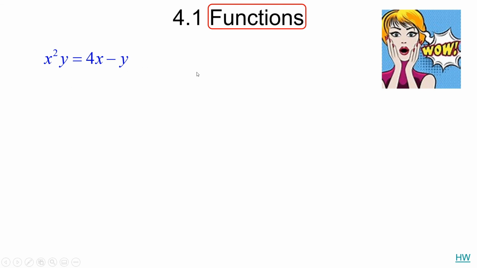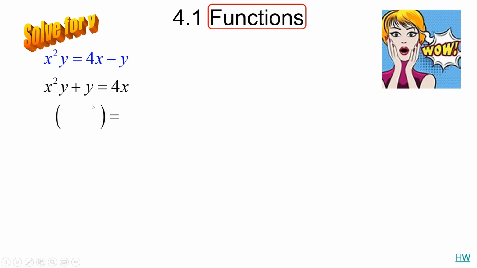So let's see if we can solve for y. Well, if you're going to solve this for y, wouldn't you want, first step, get your y's on the same side? So could I add y to both sides of this equation? That would give me x squared y plus y equals 4x.